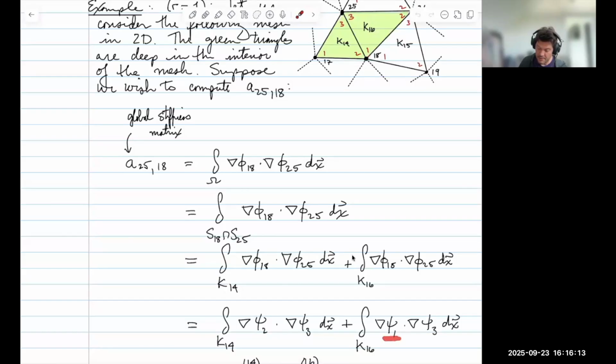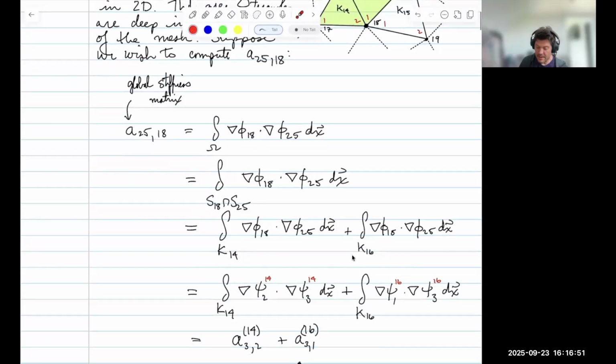So this local Lagrange nodal basis function 3 is not the same as this number 3. Okay, they're different. Really, what we should say is with respect to triangle 16, and with respect to triangle 14, right? Really, that's what's going on. They mean different things in different triangles.